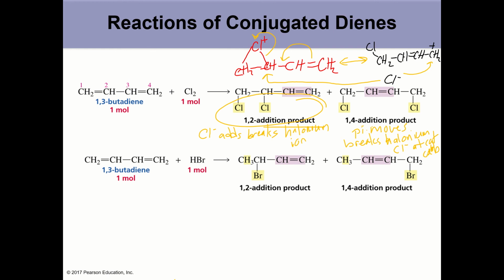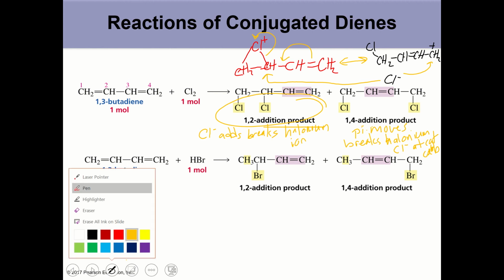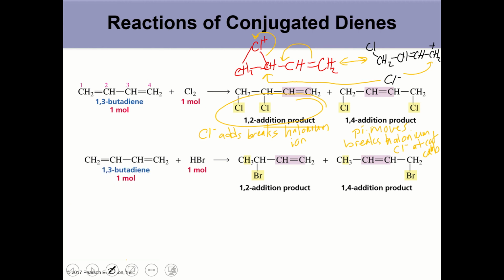For the HBr, this also has two things that occur. Addition of hydrogen creates a cation at carbon 2, and that's an allylic cation. This is the intermediate for the 1,2 product.